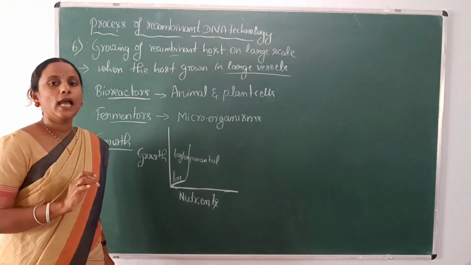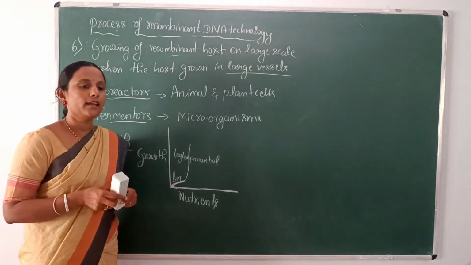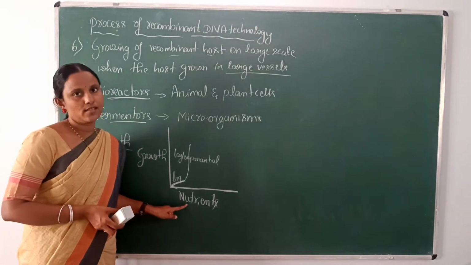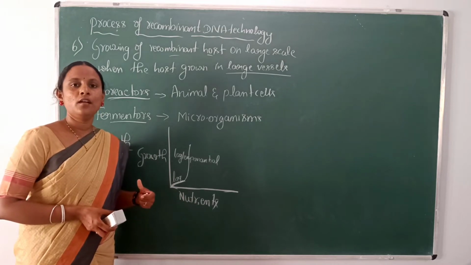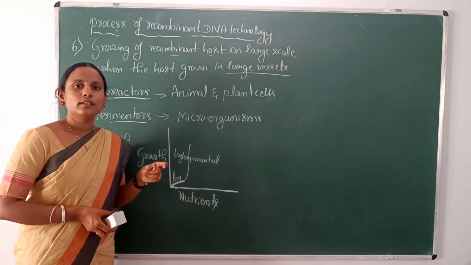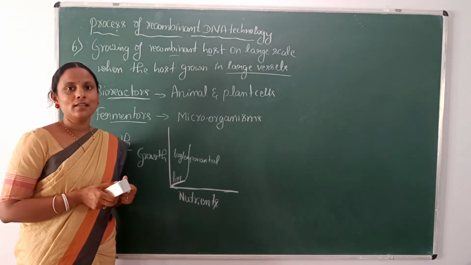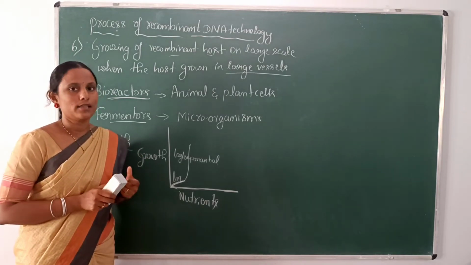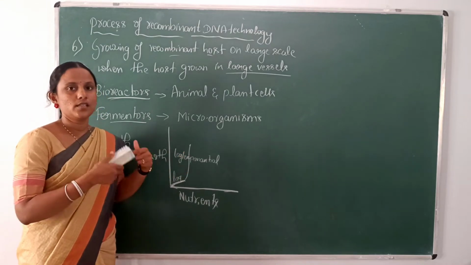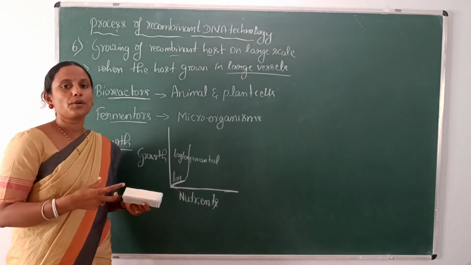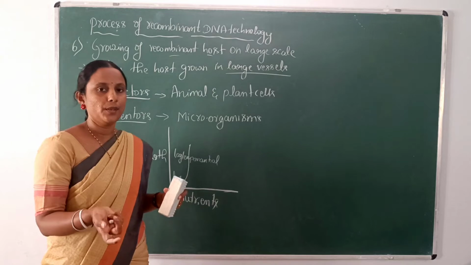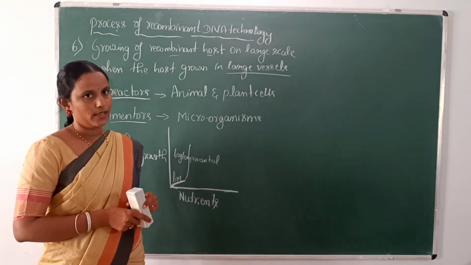And this will happen till there is availability of nutrients. Till the nutrients are available, the organism will grow at a fast rate and produce the product, whatever product is possible by it, and utilize the nutrients.